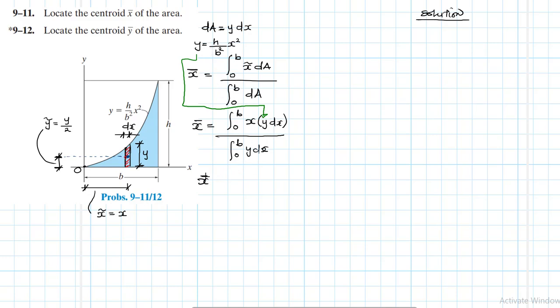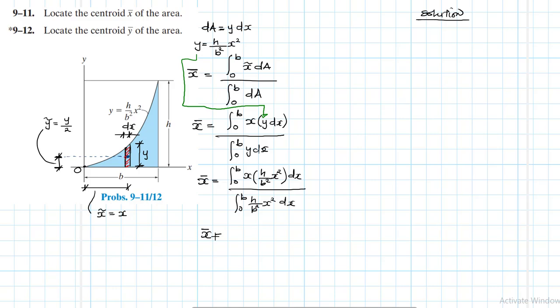Therefore, x bar is equal to the integral from 0 to b of x times h divided by b squared, times x squared, dx, divided by the integral from 0 to b of h divided by b squared, x squared, dx.